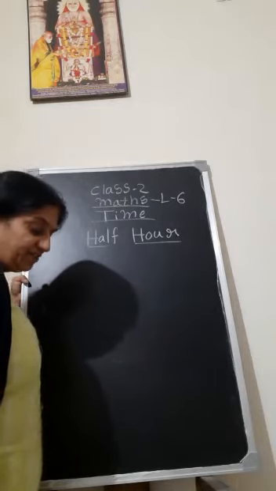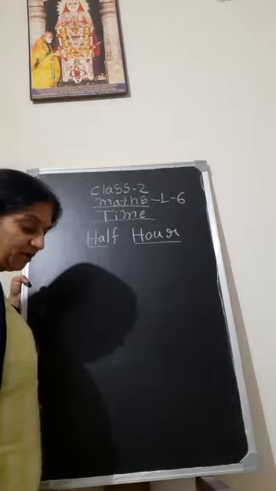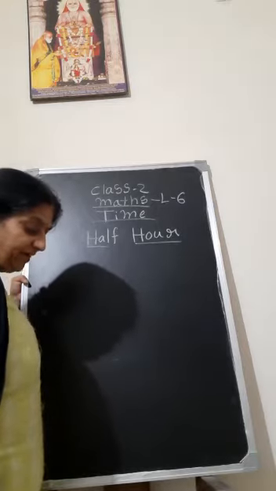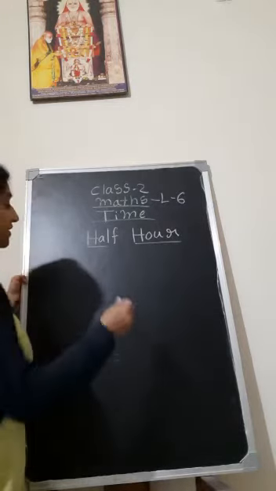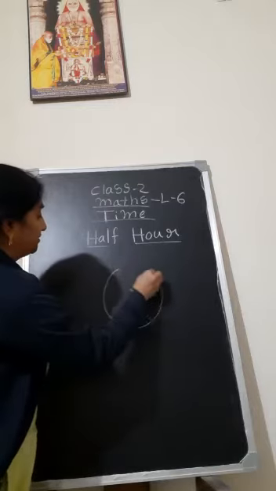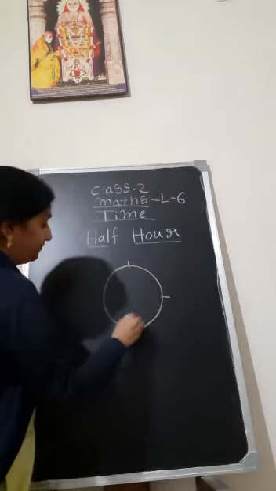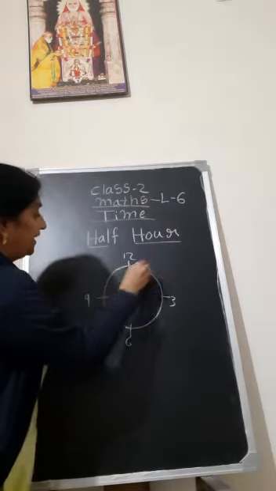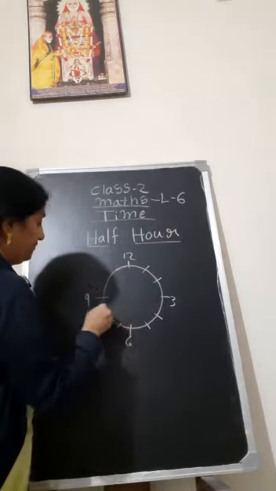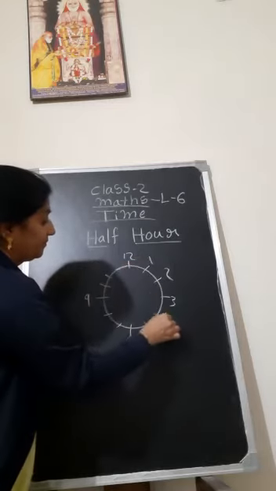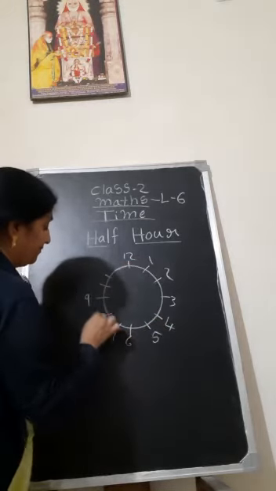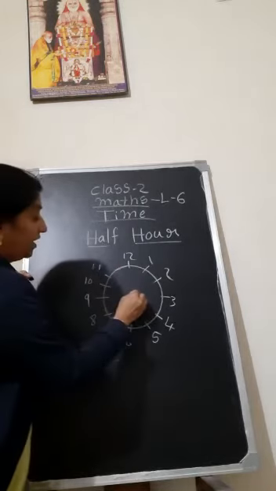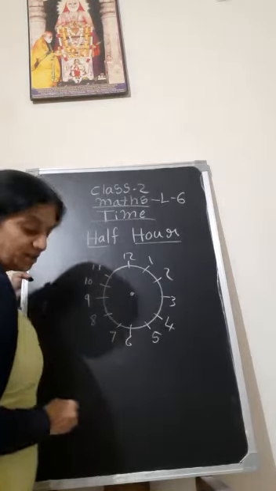Every single division on the clock is 5 minutes when the longer hand moves across it. For example, this is our clock with 12, 3, 6, 9, and our clock hands are also there.